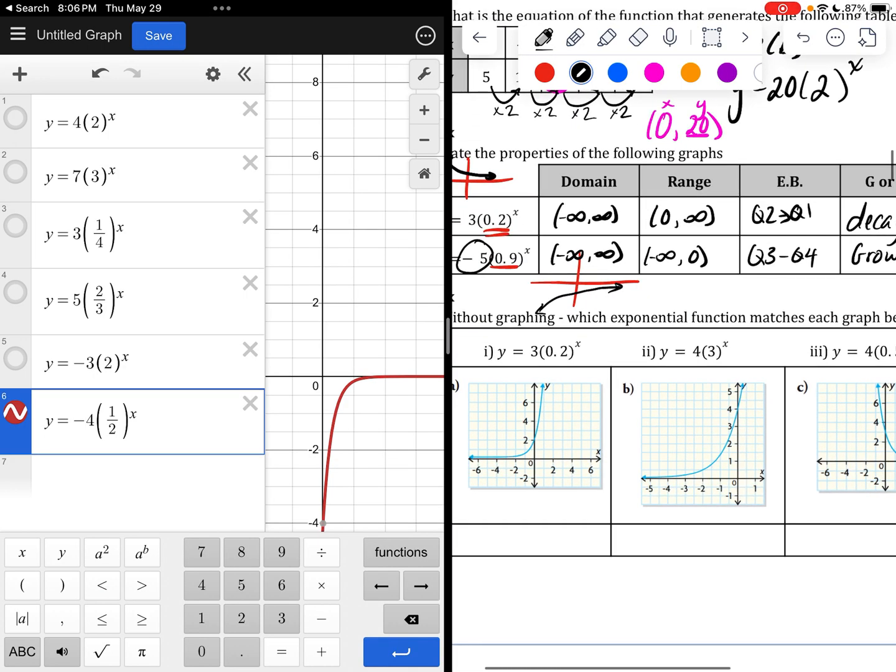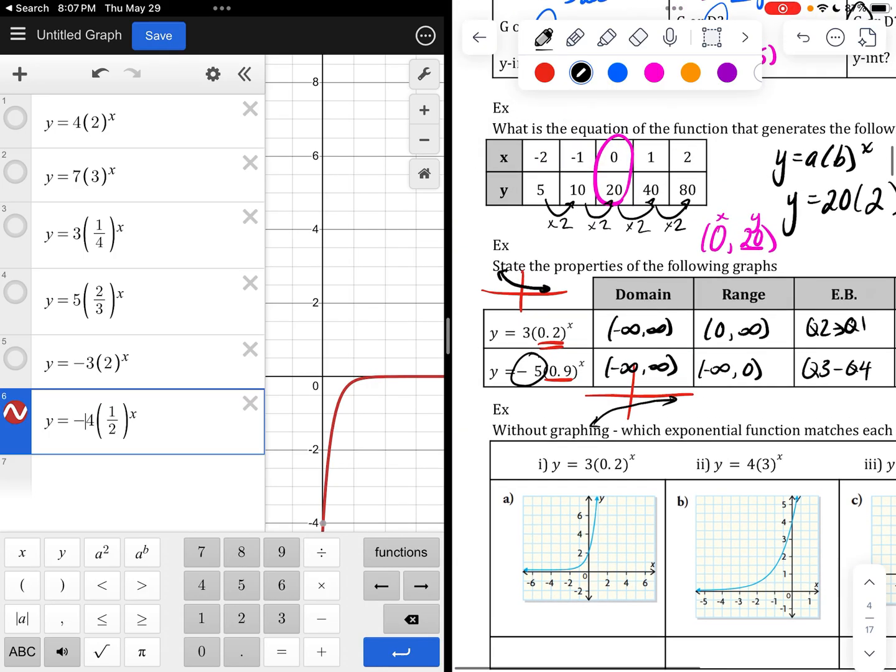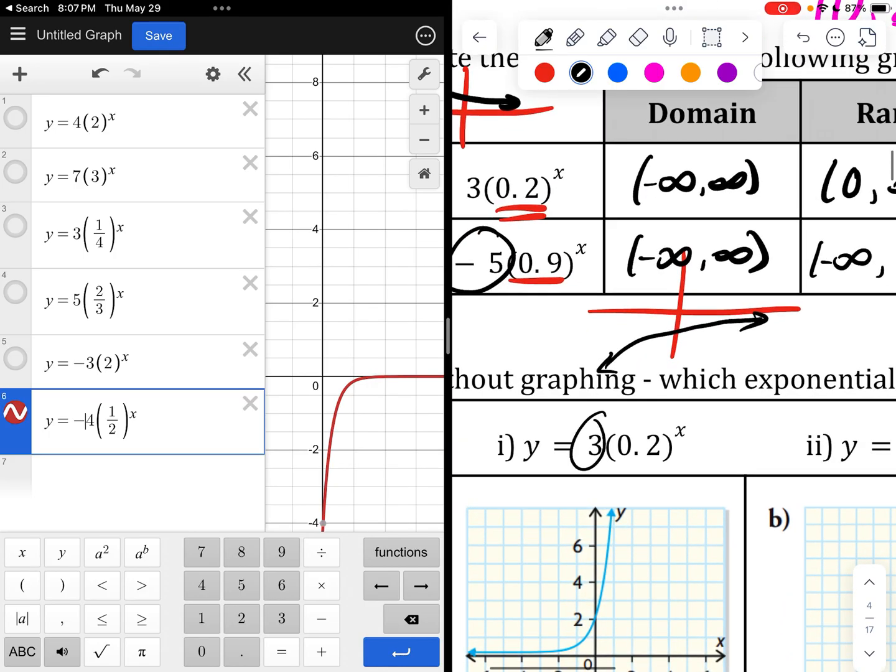And then last one, again, without graphing, can we try to match the graphs below? So automatically, when I look at these, I'd look at the y-intercepts, where it crosses, and if it's growth or decay. So for this one, it has a y-intercept of 0, 3, and this should be decay.